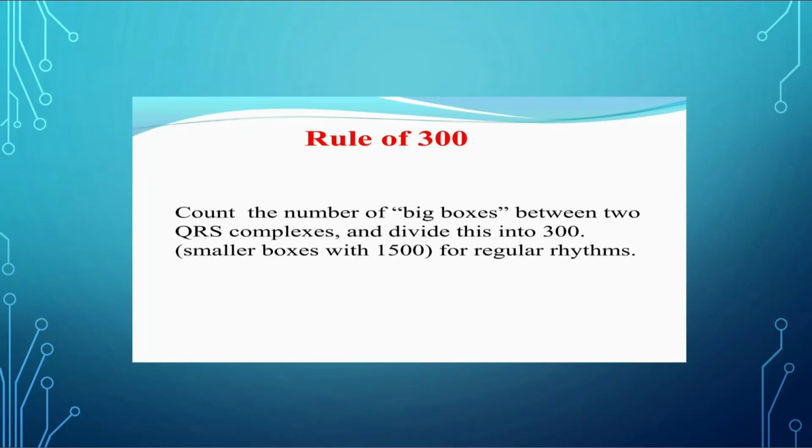So, what is the rule of 300? Count the number of big boxes between the two QRS complexes. So, two QRS complexes you have to check.